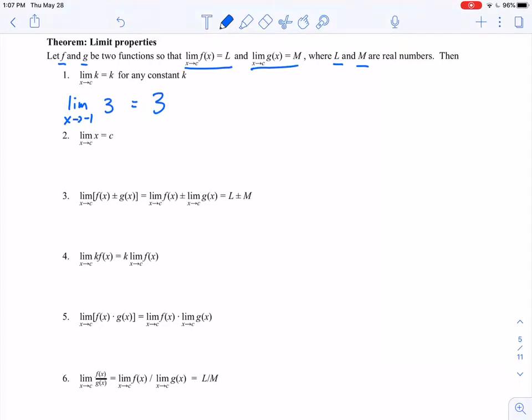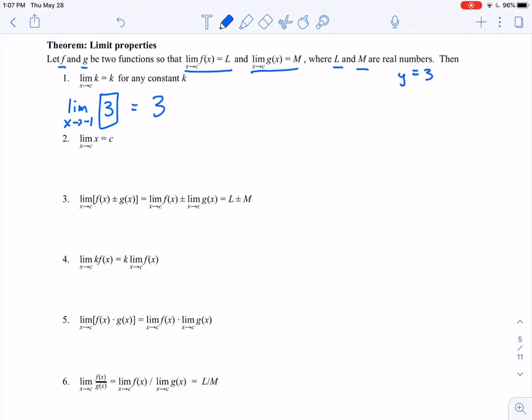And if you have trouble understanding that, think about the graph, because really this function right here is y equals 3. So let's think about what that function looks like for just a moment. Y equals 3 is a horizontal line at y equals 3. And then I'm approaching x equals -1.